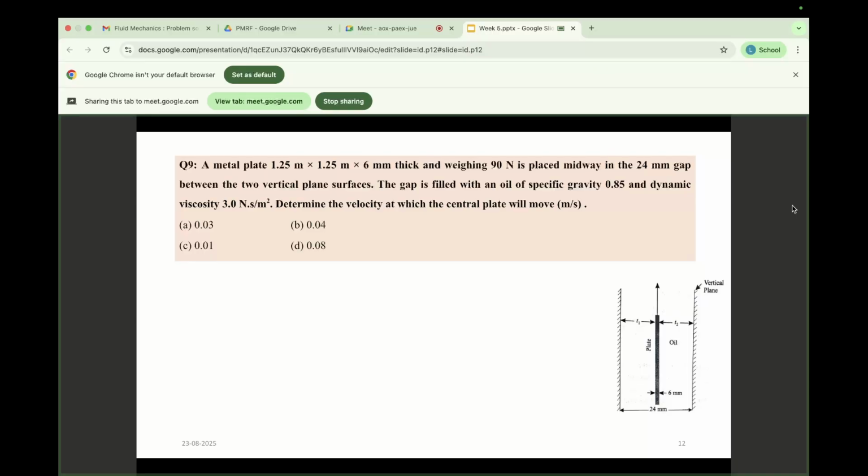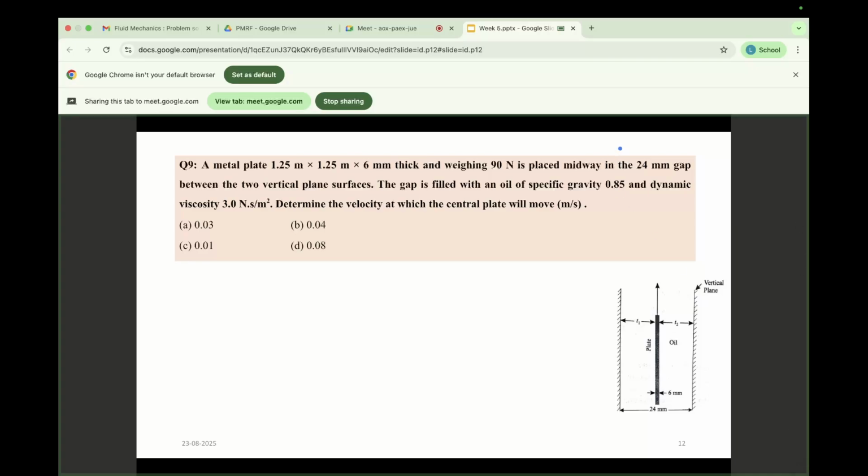It is placed midway in a vessel, and the gap is filled with an oil whose specific gravity is given and dynamic viscosity is also given. You are asked to find the velocity at which the central plate will move.